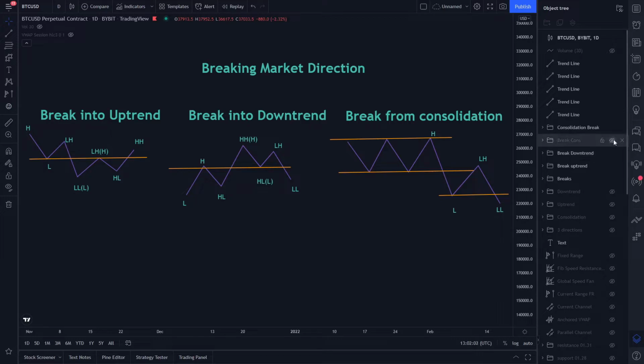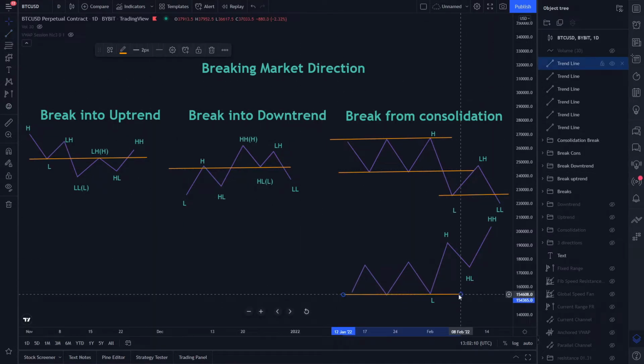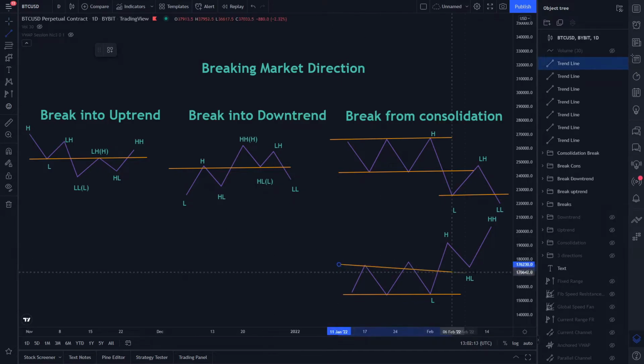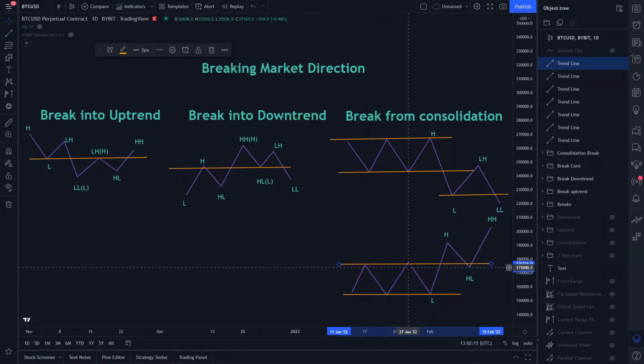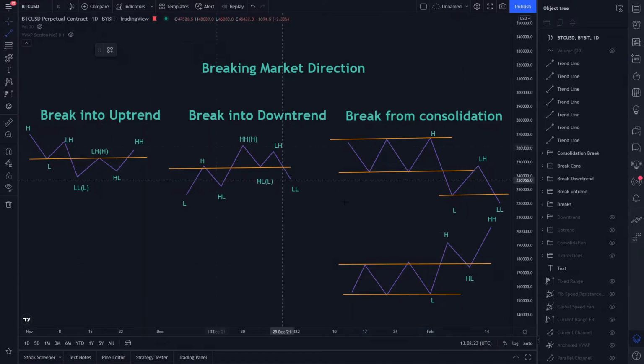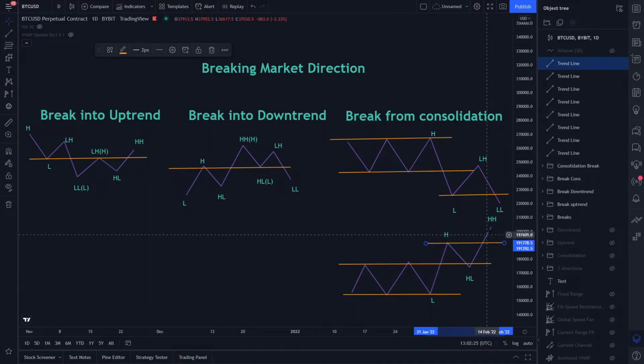Right now, let's look at another example, in which we break from the consolidation into an uptrend. As you can see, we still have the same support and same resistance line. Once price makes the low and the high, it retests the high of the range, making a higher low, and once it breaks the high, making a higher high, it confirms an uptrend.